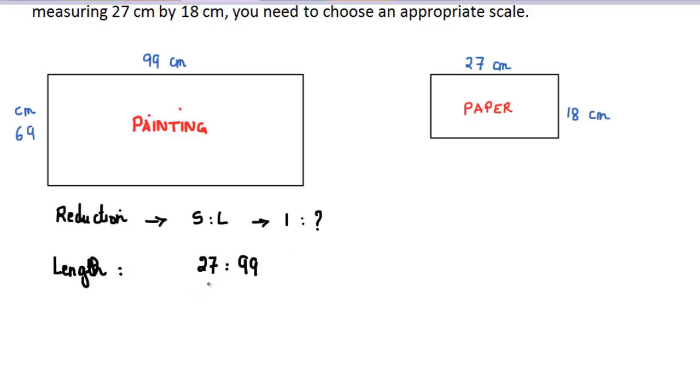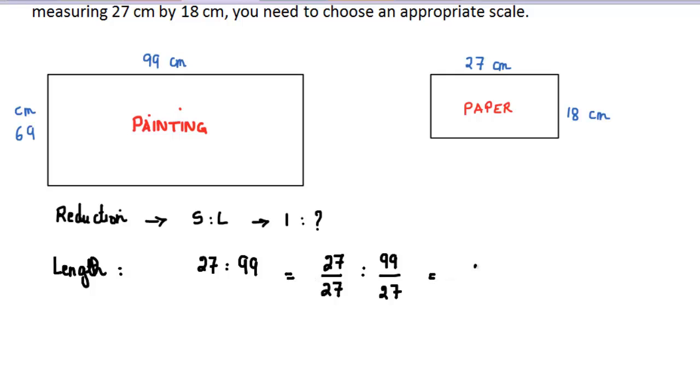So if I want to transfer the 27 to 1, that means I have to divide each side by 27. So 27 divided by 27. What I'm doing in the left side, I have to do it in the right side too. 99 divided by 27. So this result is going to give me what?